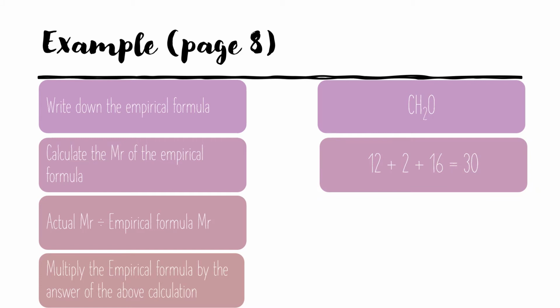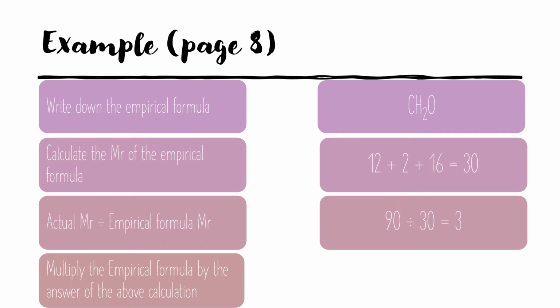Then your next step is to take the actual MR. You will be given this in the question. You will be told that the MR of a molecule or the MR of a compound is such and such. And they will tell you what that is. And then you will take that and divide that by your empirical formula MR that you have worked out. So here we've been told the actual MR is 90. So our calculation is 90 divided by 30, and that gets us 3.